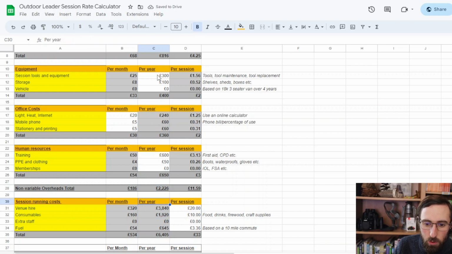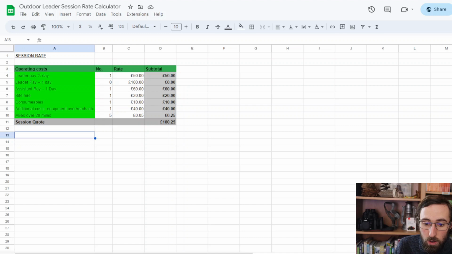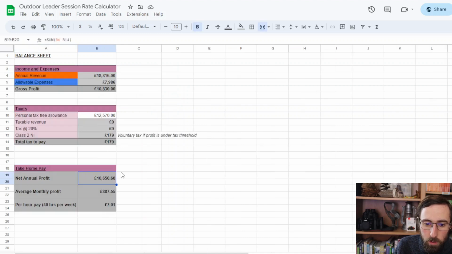See, we can drop those overheads, but they are always going to be there. We dropped our expenses a bit, and then we're in a better place with profit. So net annual profit is about £10,000.